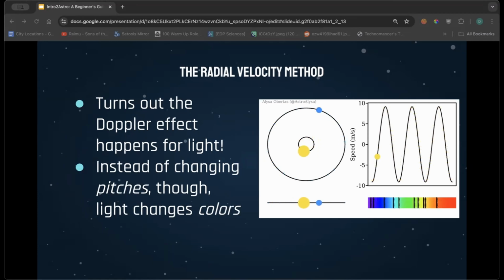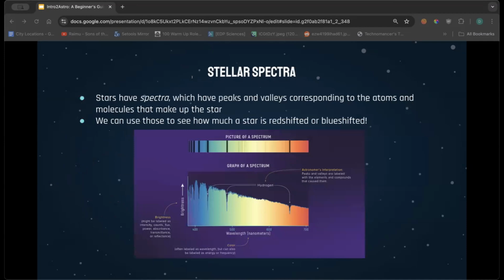But the frequency of light is just the light's color. And so as the star wobbles back and forth, the star's color is going to change, getting a little bit redder or a little bit bluer. And luckily for us, there's a comparatively easy way to measure how much redder or bluer a star is getting.